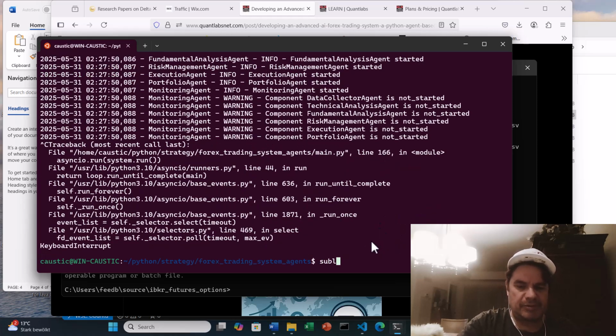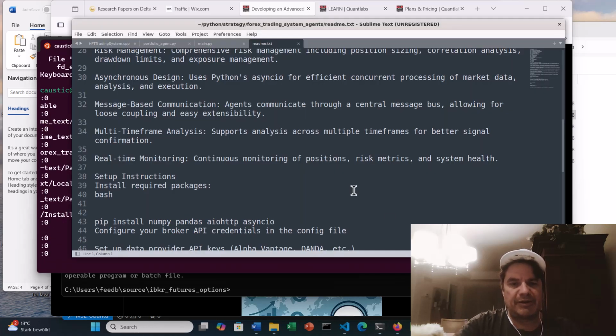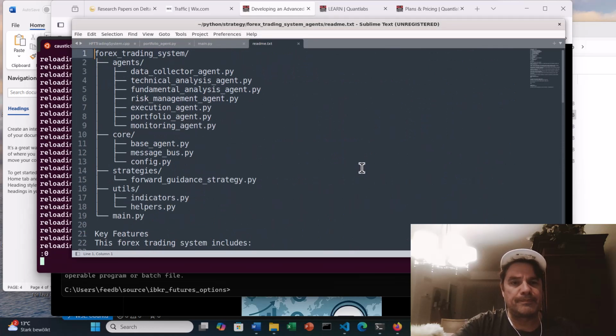So if you go to my README file, okay, so here we are. This is the project structure. Again, generated by AI. This is pretty good.